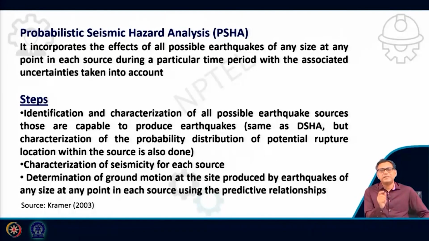But probabilistic seismic hazard analysis incorporates the effect of possible earthquakes of any size at any point in each source during a particular time period, with the associated uncertainty taken into account. That means here we will take care of the probability of whether that earthquake will occur or not. But remember, in deterministic seismic hazard analysis we take only the controlling earthquake, but here each possible earthquake of any size, at any point on each source, we will consider.